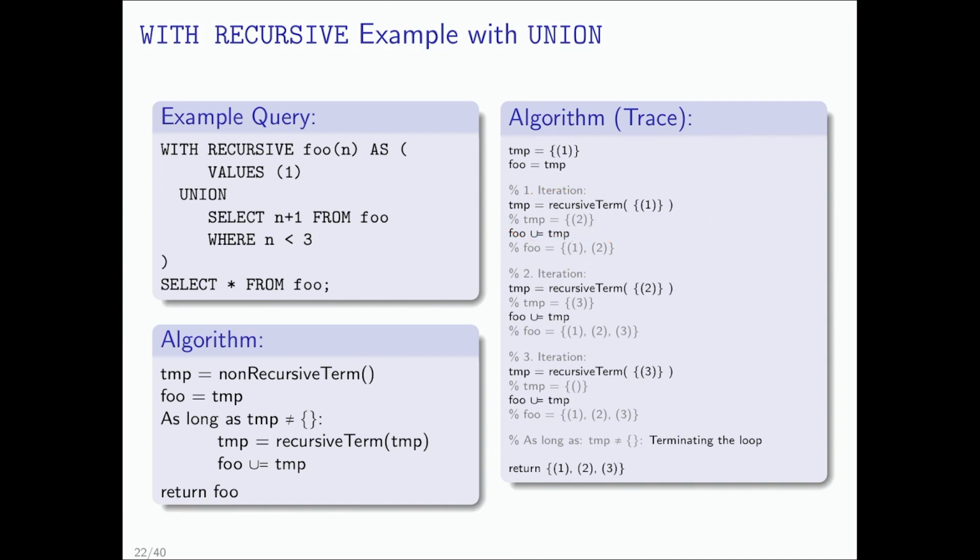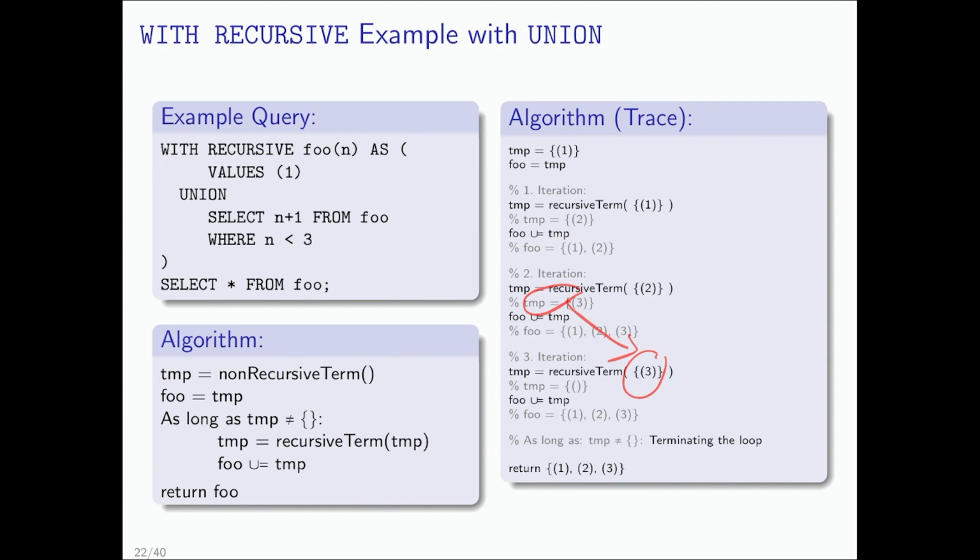Now the second iteration starts. You will input here the temp you computed in the previous iteration. That's what you computed here. That was your output, and now it goes into the next iteration. Again, this qualifies because it's strictly smaller than 3, and your output is 3. This 3 is appended to foo, so that is your result. Now you start all over with the recursive term and the temp you computed previously.